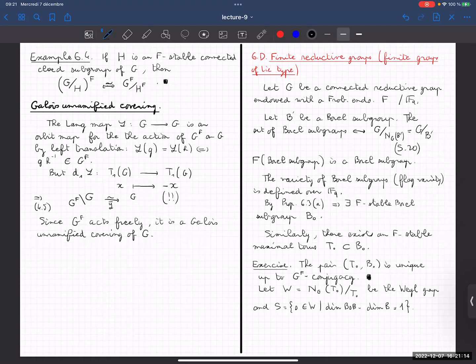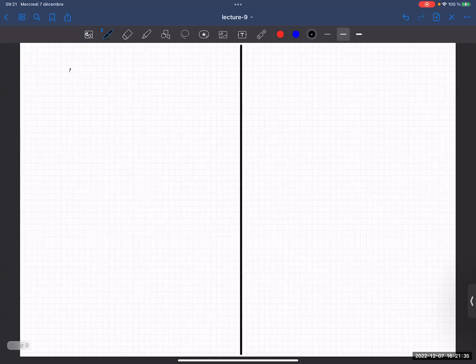And you see that since T0 and B0 are F-stable, the group W will admit an action of F, and this action will stabilize the set S, because everything is defined intrinsically in terms of T0 and B0. So finally, what can I deduce from Lang's theorem?